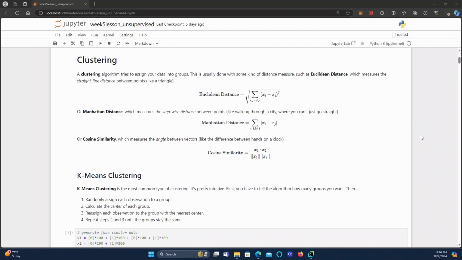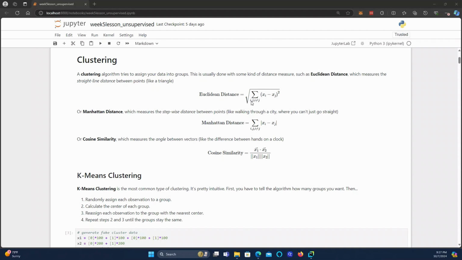This is usually done with some kind of distance measure, such as the Euclidean distance, which measures the straight line distance between points, like a triangle. Imagine a triangle, the distance between points is straight, that's the Euclidean distance. It looks complicated, but don't be too worried about it. It's the same as the Pythagorean theorem: a squared plus b squared equals c squared.